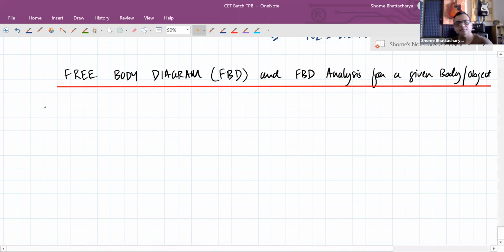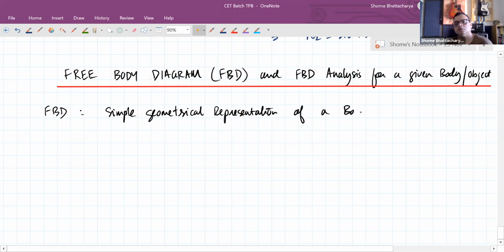So the free body diagram is nothing but a simple geometrical representation of a body and the forces acting on it.